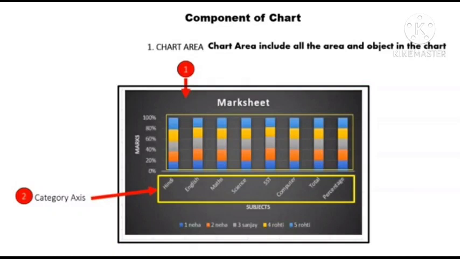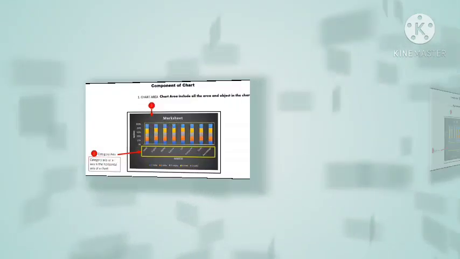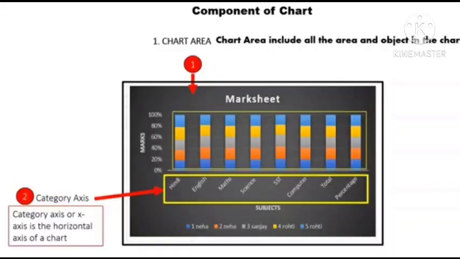On the x-axis, the data or the category which you write is called the category axis. It is the x-axis, the horizontal axis of a chart.